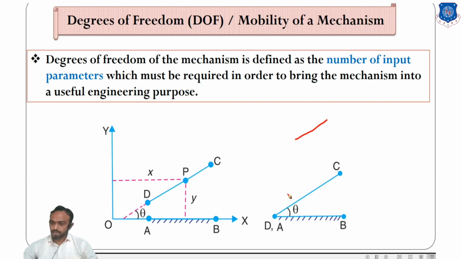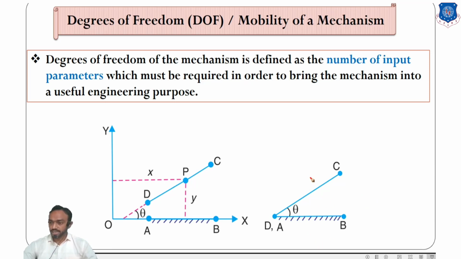So every link which is free in a space has 3 degrees of freedom. But what if it is connected to another fixed link? Like DC is connected to fixed link AB. Now it can't move in the X direction or Y direction. So 2 degrees of freedom are removed and it becomes degree of freedom 1.